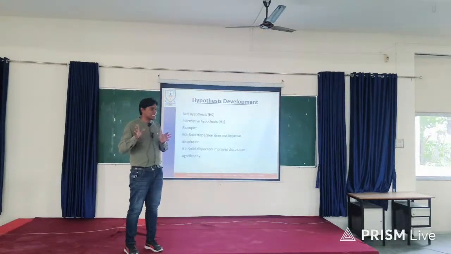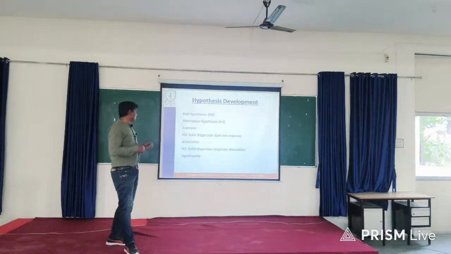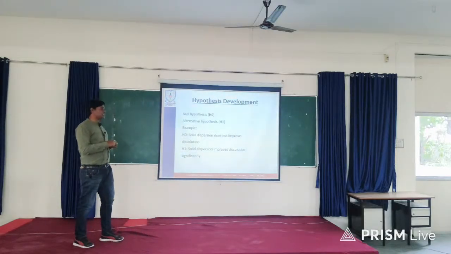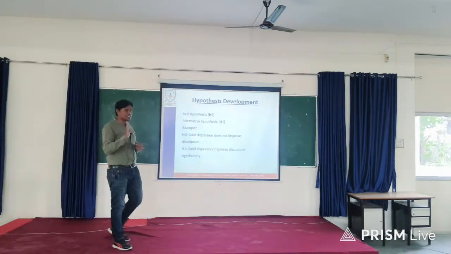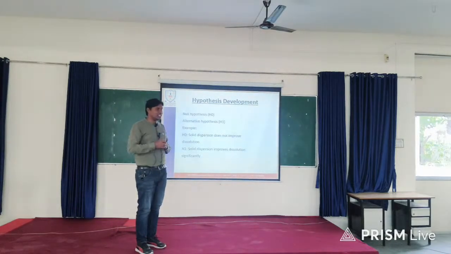So if you get statistically significant results, then how to write the hypothesis? That is also very, very important. Null hypothesis, alternate hypothesis, right? So here you see, solid dispersions do not improve dissolution. Actually your intention is to improve the dissolution by using solid dispersions. But to write a null hypothesis for this, you have to write a negative statement.